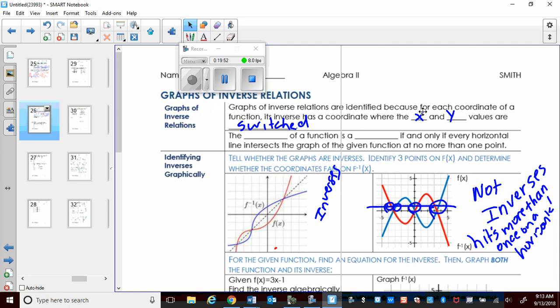It's a straight line. What's the y-intercept? We're not going to use the calculator. What's the y-intercept? Y-intercept is -1. Our slope is 3.